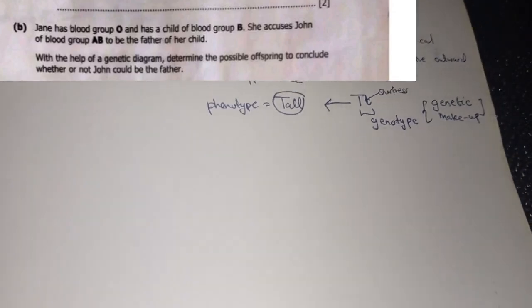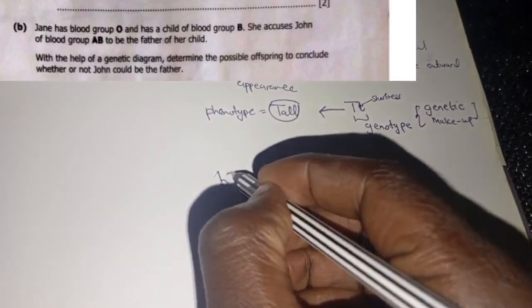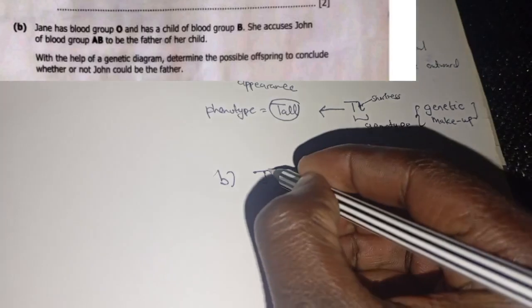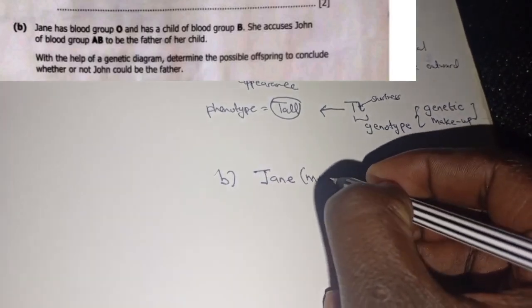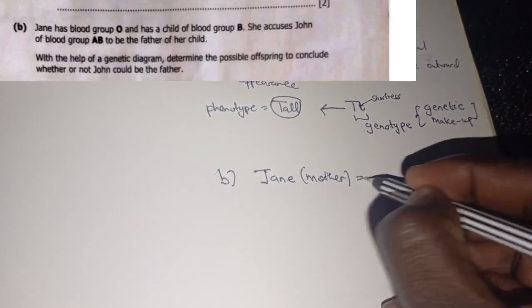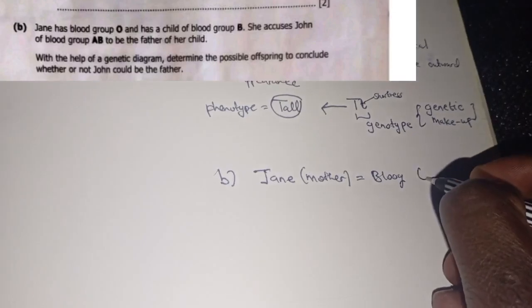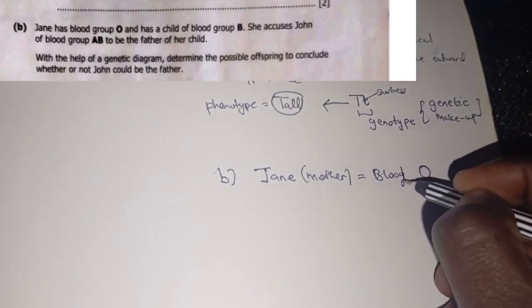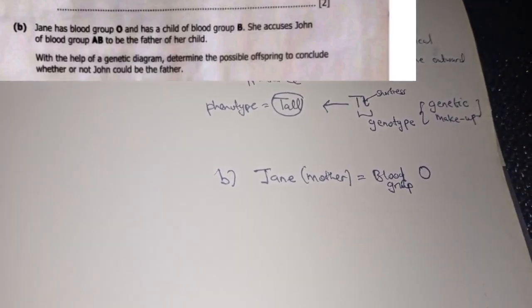So here's a case now. As a biologist, they bring you this case. In question B, we have Jane, the mother, and she is of blood group O. Then Jane accuses John.